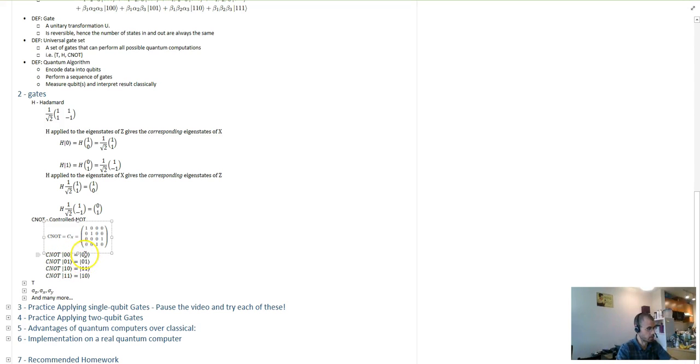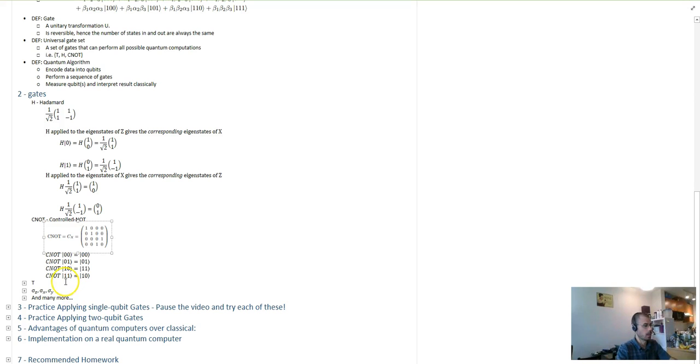So here these states don't change. If we apply the CNOT though when there's a 1 in the first spot, which corresponds to these parts of this matrix, then we're switching those two states. So 1, 0 becomes 1, 1, right? This second qubit here is being switched in those states. And similarly this becomes that, right?